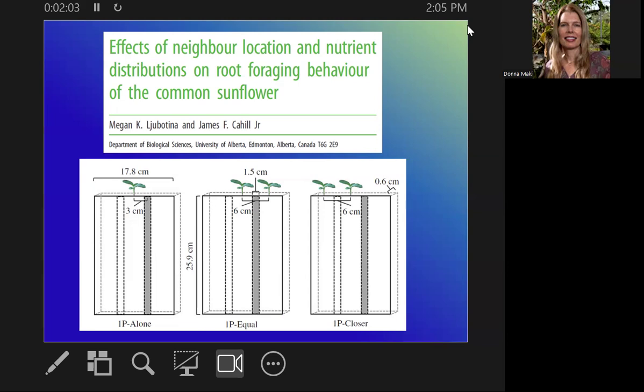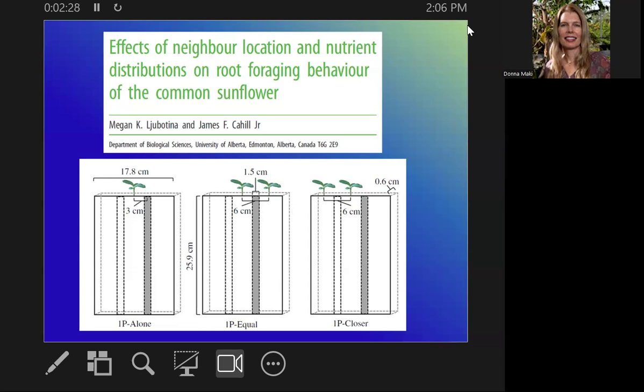And so these are what we call mesocosms, essentially a growing area for the plant. You would have strips of soil, and if it's dark gray like this, that means really good mineral nutrition, nice dense options for nutrients, whereas the one over here on the left, not so much.